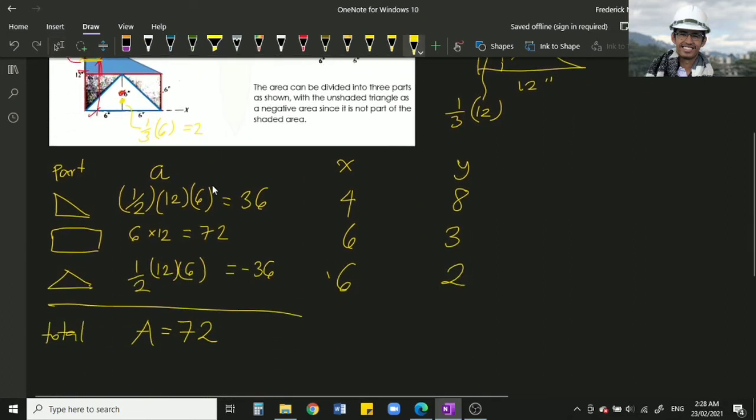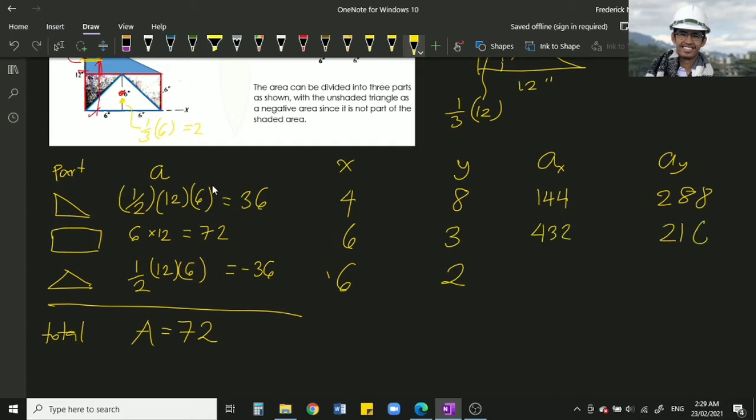Then kunin na natin yung ax niya and yung ay niya. Okay? So that will be ax and ay. So for ax, that will be 36 times 4, that will be 144. And 36 times 8, that will be 288. 72 times 6, so that will be 432. And 72 times 3, that will be 216.